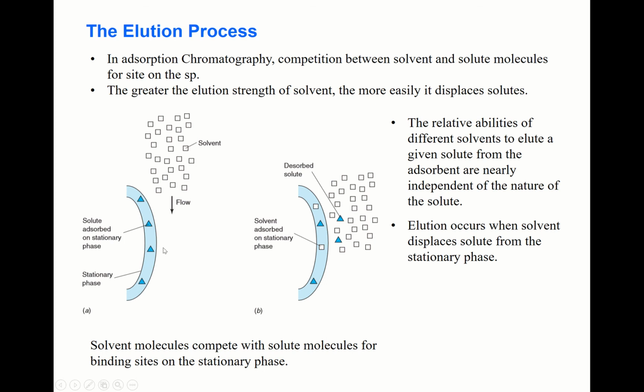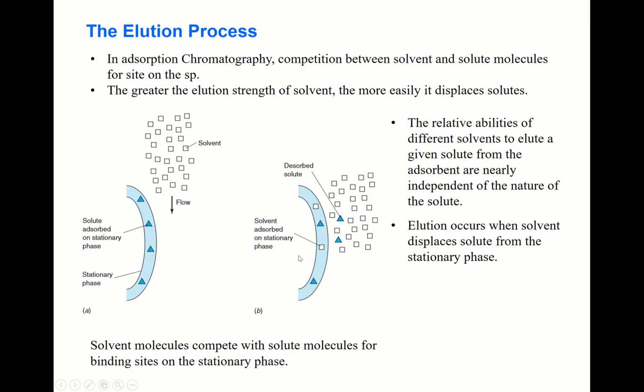We want only solute molecules to interact with the stationary phase, but actually these solvent molecules compete with the solute molecules for the sites on the stationary phase. Now the solvent is flowing; this is the flow direction. The adsorbed solute molecules may be replaced by these solvent molecules.